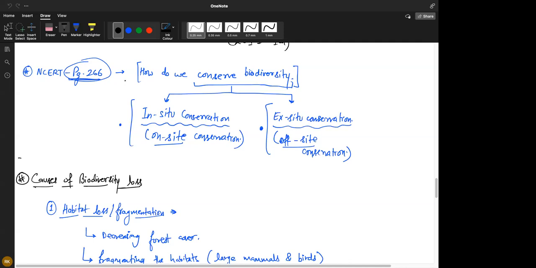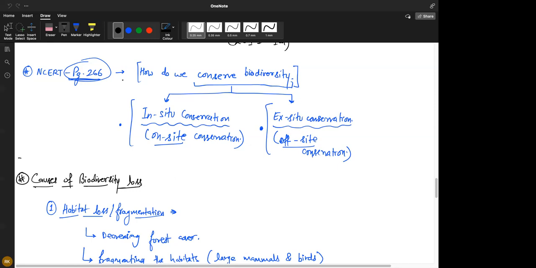First, let me tell you, in situ conservation is the type of conservation where whatever you want to conserve, you have to conserve it right where it is. Suppose you want to conserve tigers, then you have to conserve tigers in their natural habitat, and for that you have to make tiger reserves or wildlife sanctuaries.